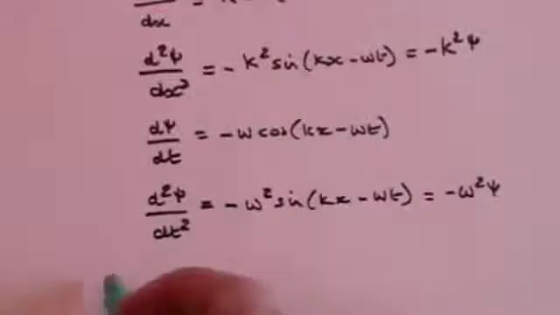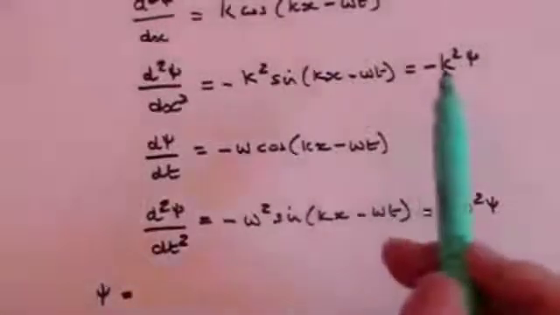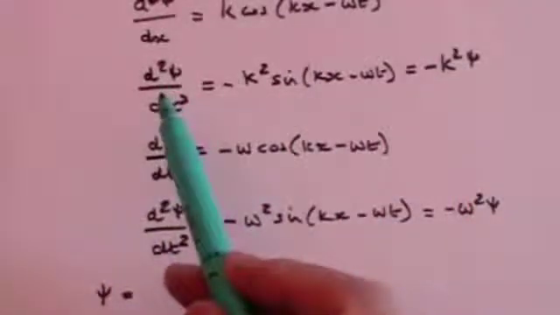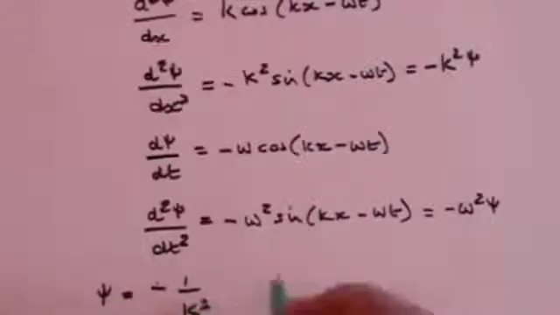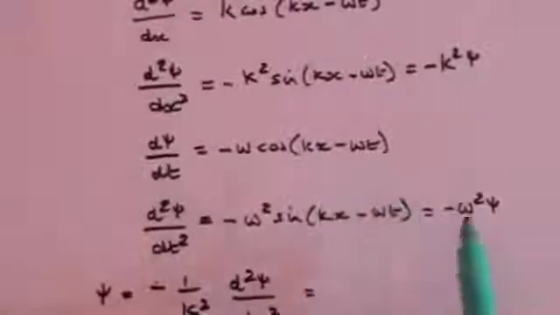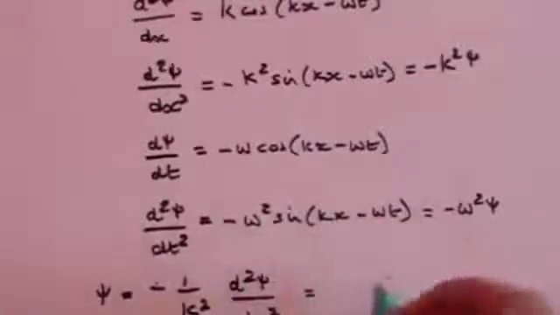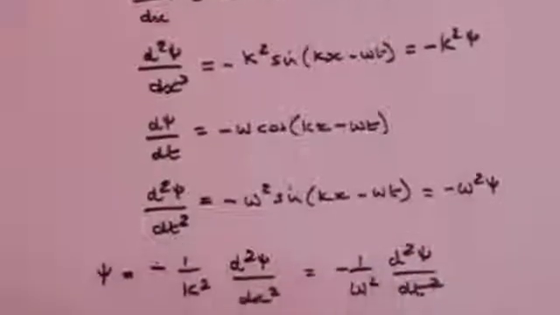We can say that psi equals, taking the k squared onto the other side, minus 1 over k squared times d2 psi by dx squared. But psi also equals, from here, minus 1 over omega squared times d2 psi by dt squared.